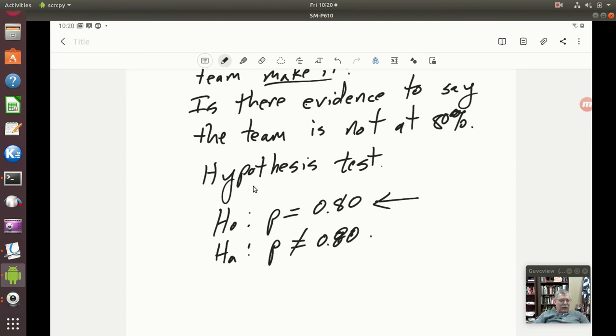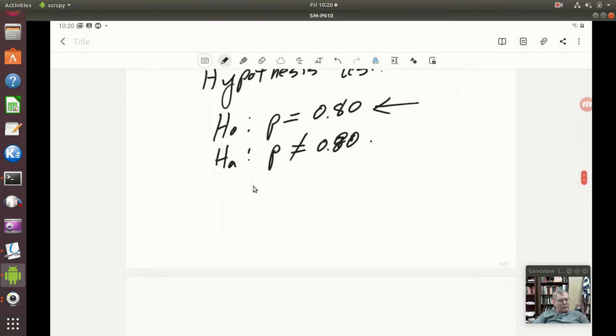Well, the hypothesis test is actually very akin to the confidence interval. You can get slightly different results. You could, for instance, make the confidence interval, and I don't remember what our confidence interval was, I think it went all the way up to 0.87 or something like that. And so I am really sure that we are going to fail to reject the null hypothesis.